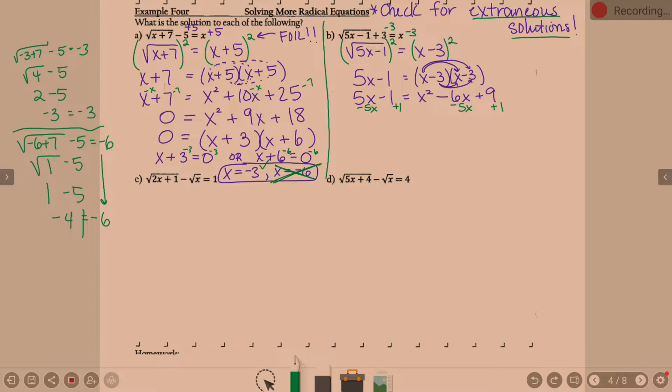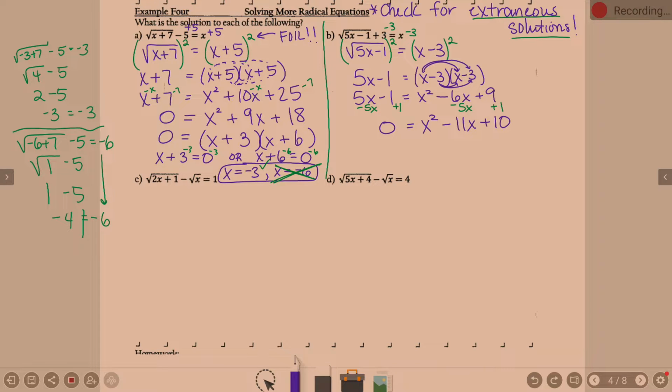So I'm going to subtract 5x, add 1 on both sides. 5x minus 1 plus 1, we've got 0. X squared minus 6x minus 5x is minus 11x, plus 9 plus 1 is plus 10.